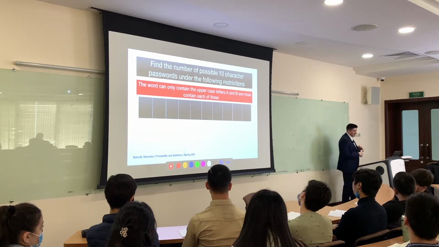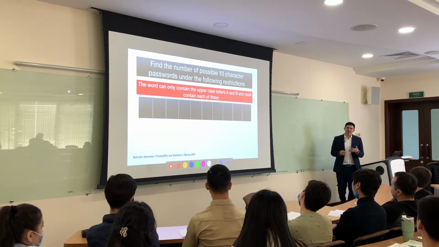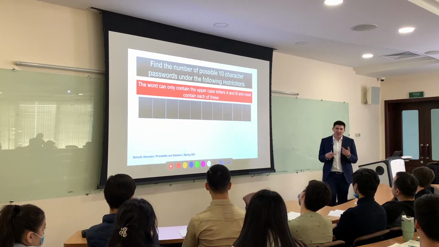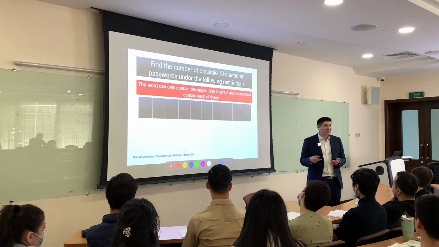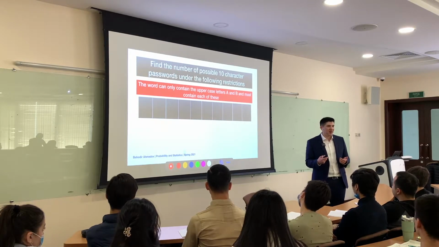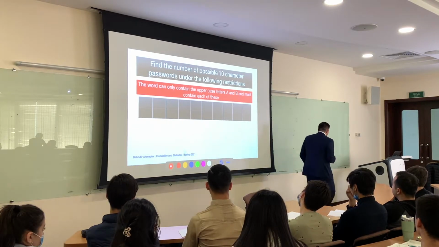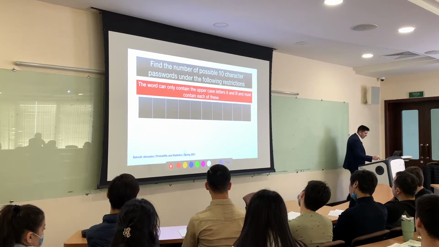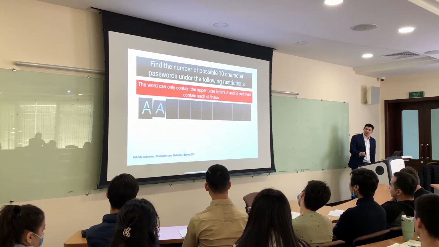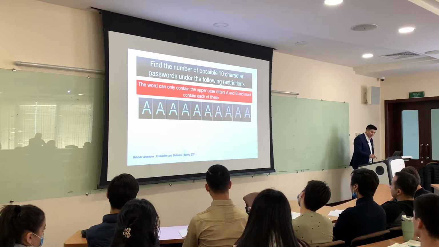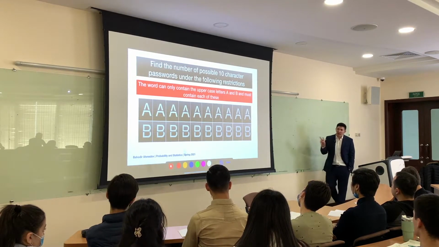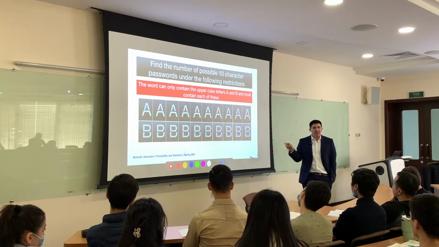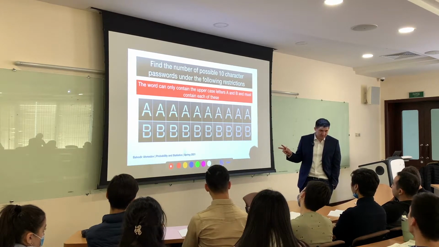So instead of counting the number of the cases where both of these letters A and B are participating, it is much easier for us to find the cases when they are not together, right? There are only 2 cases when A and B are not coming together. So there's this case, and there's another case with all the A's and all the B's, right? There are only 2 cases, okay, where the A and B are not coming together.